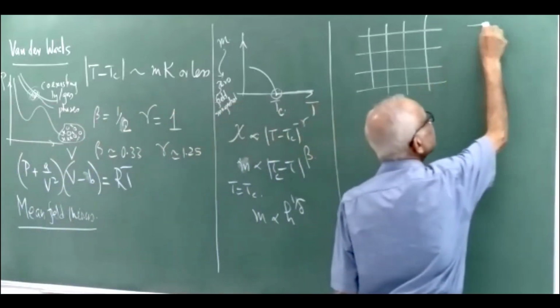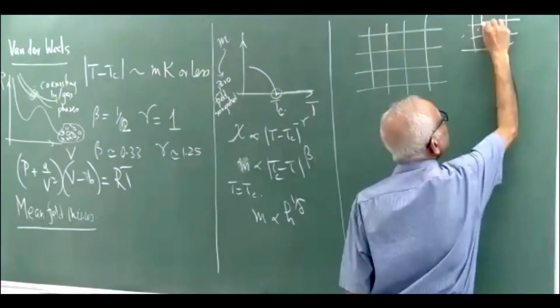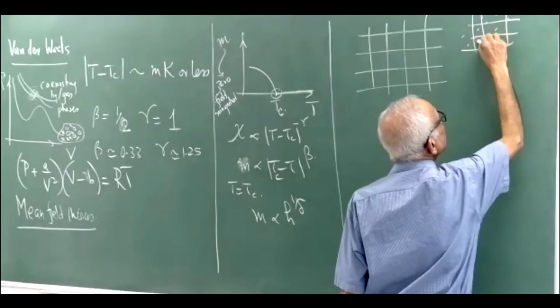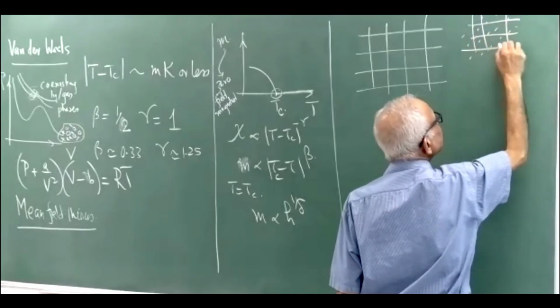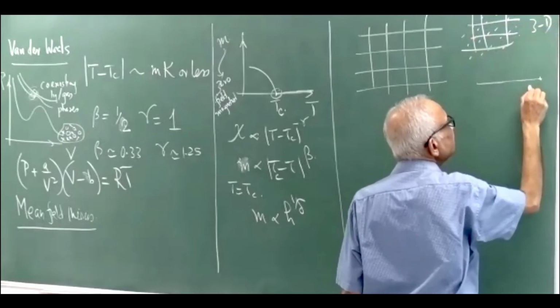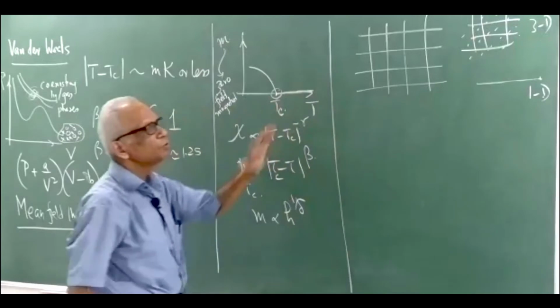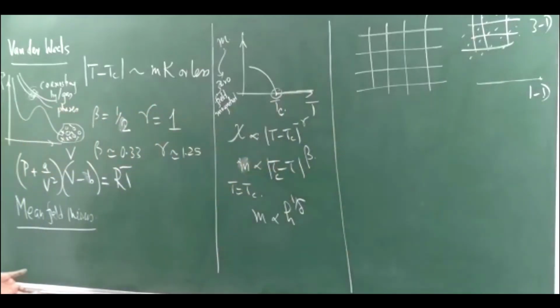So instead, it could have been a cubic lattice, or it could have been a straight line. So this is 3D, this is 1D, and this is 2D, which for drawing purposes, I will use the 2D.